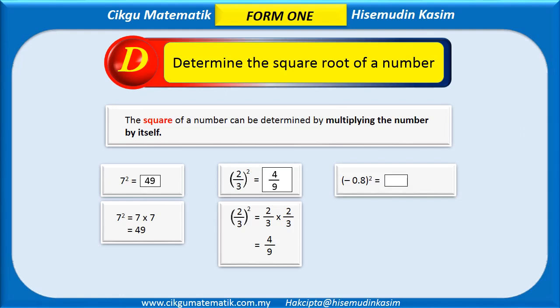Negative 0.8 squared equals negative 0.8 times negative 0.8 equals 0.64.